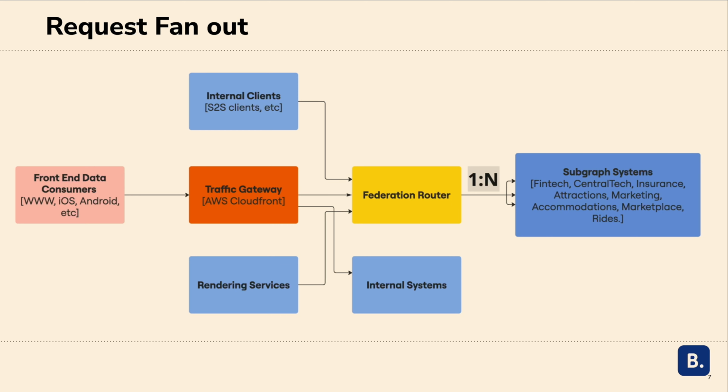So that means if there is a traffic spike from outside of the federated system, these subgraph services might be overloaded by the traffic spike. That's why we need a rate limiting and throttling mechanism in the router layer.